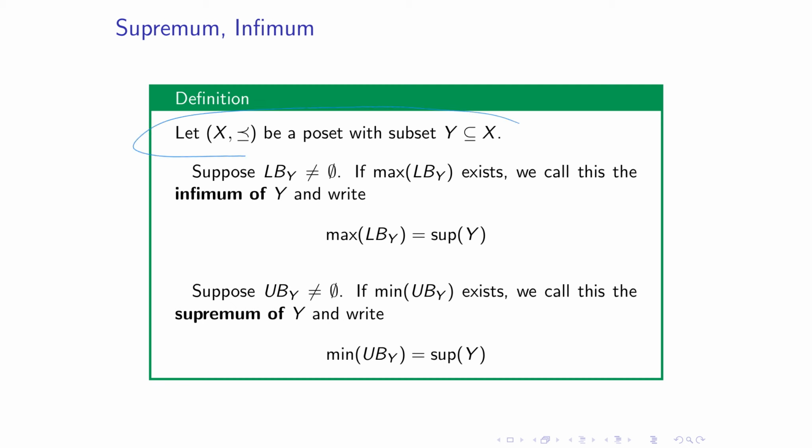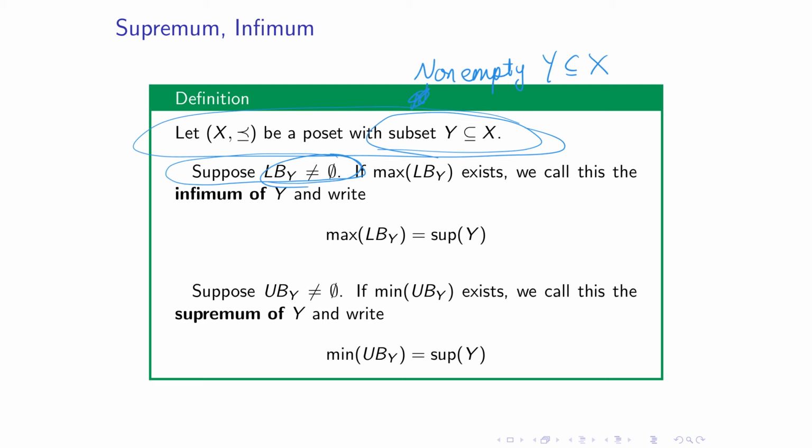We will again consider a poset X ordered by preseq. We'll consider a non-empty set Y, a subset of X. And we do need to talk about it having a lower bound, which is to say the set of lower bounds on this non-empty subset Y is not the empty set.